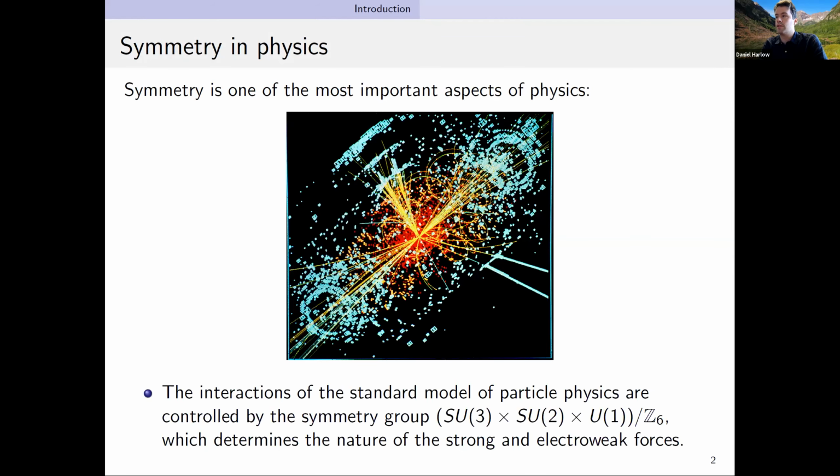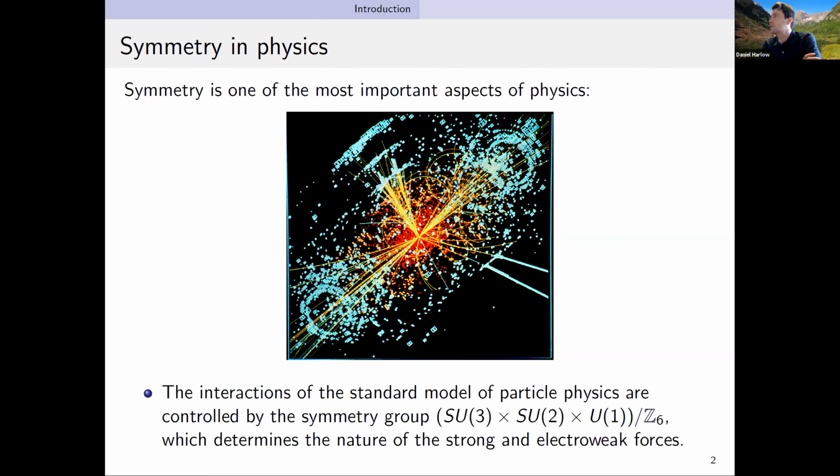Like in the standard model of particle physics, the structure of the interactions of the fundamental particles is controlled by a symmetry group, SU(3) times SU(2) times U(1), or if you think about it, there's a quotient by a discrete subgroup, which determines how the strong and electroweak forces work, which particles carry what charges and so on.